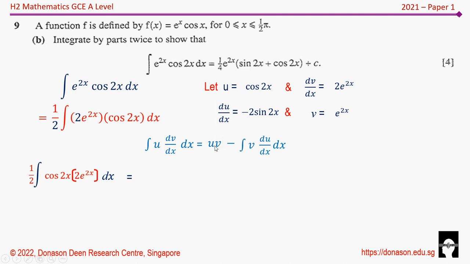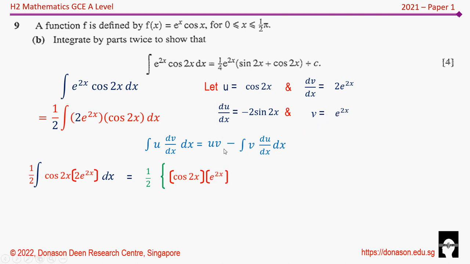And then now let us substitute what is u and v. Remember to put in the half, because the half is outside the integration symbol. So I'm going to write the half and enclose the rest of the things in braces. So we have an open brace, and then we put in our u and v. So let's take the u, which is cosine 2x, and our v is e to the power of 2x.